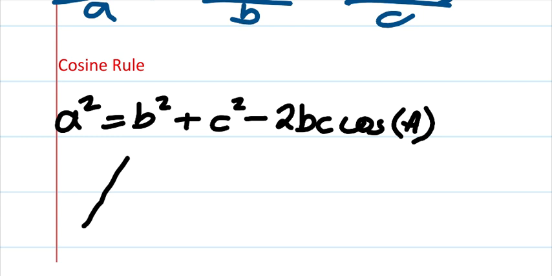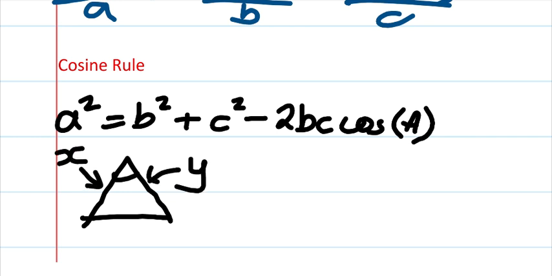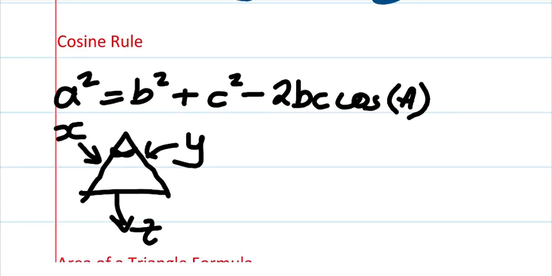For example, if I had a triangle like this and I knew this side and this side and this angle here, then we can use the cosine formula to work out the side labelled z. You can also rearrange the formula to get the angle if that's what the question asks for.